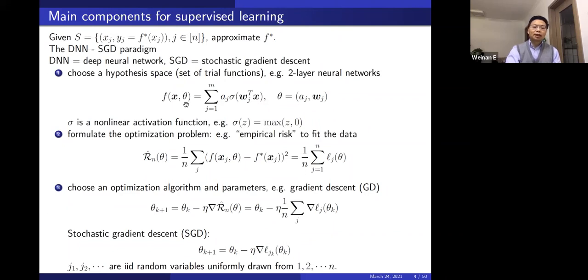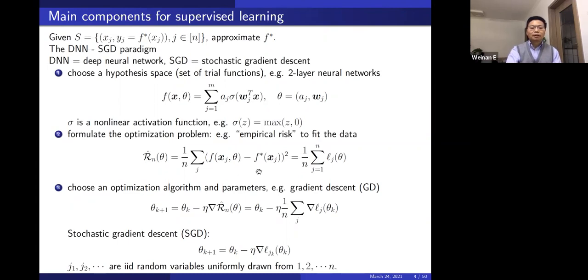We're going to use theta to denote the parameters. We want to look for optimal parameter values such that this function approximates our target function in the best way. That's the first component. The second component is to formulate an optimization problem with which we find the optimal parameters. Since we are given a finite data set, we just try to fit the data.